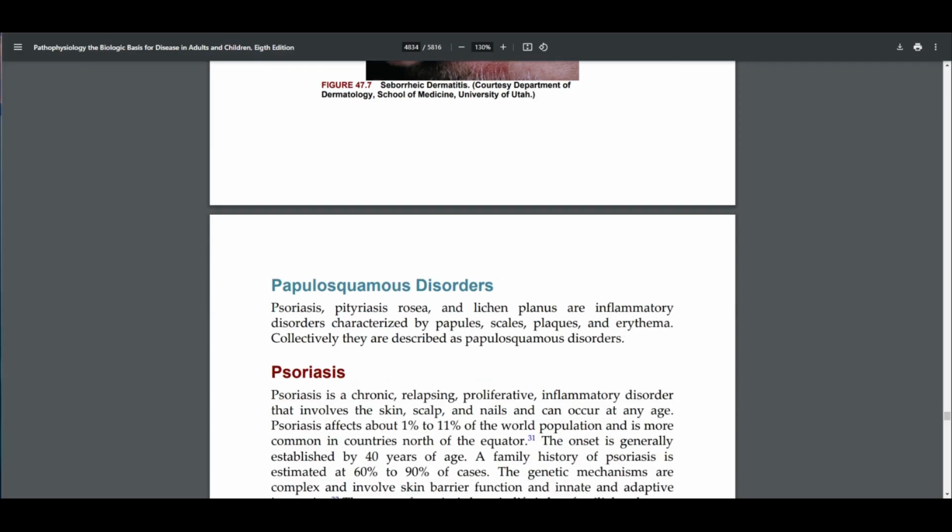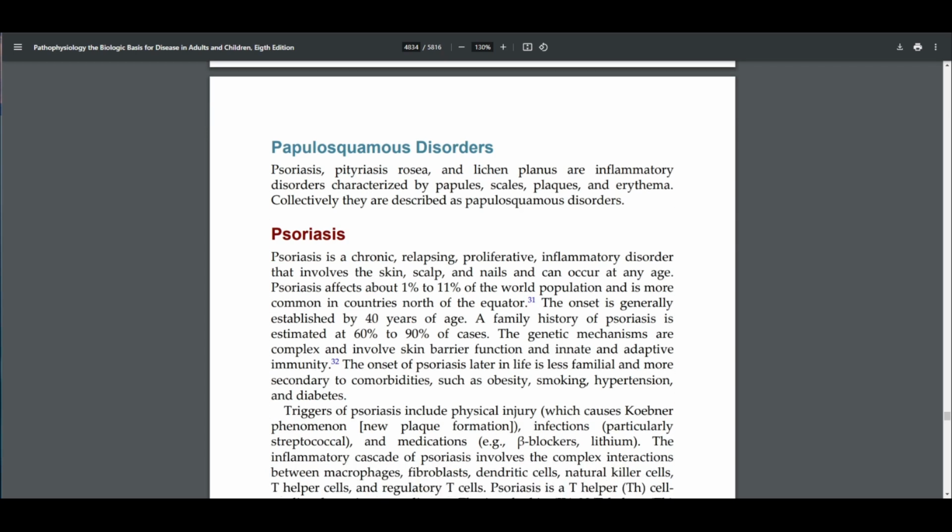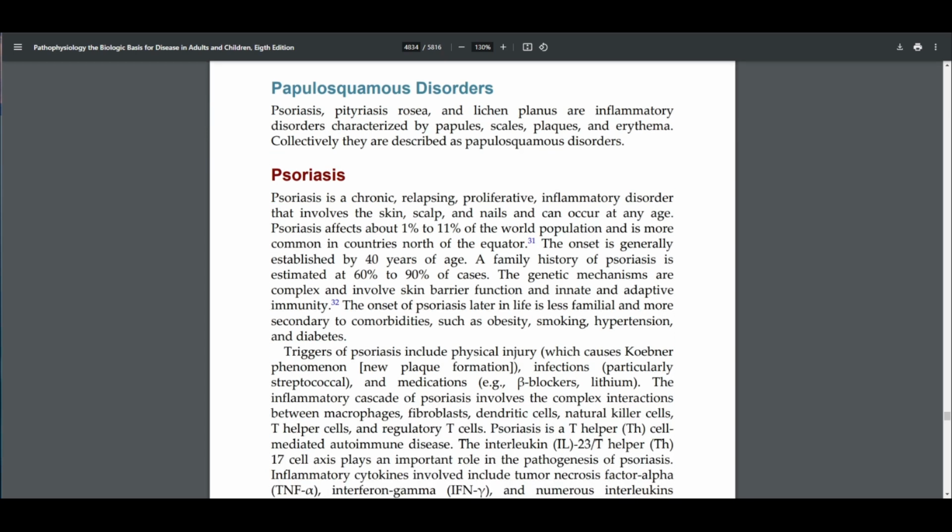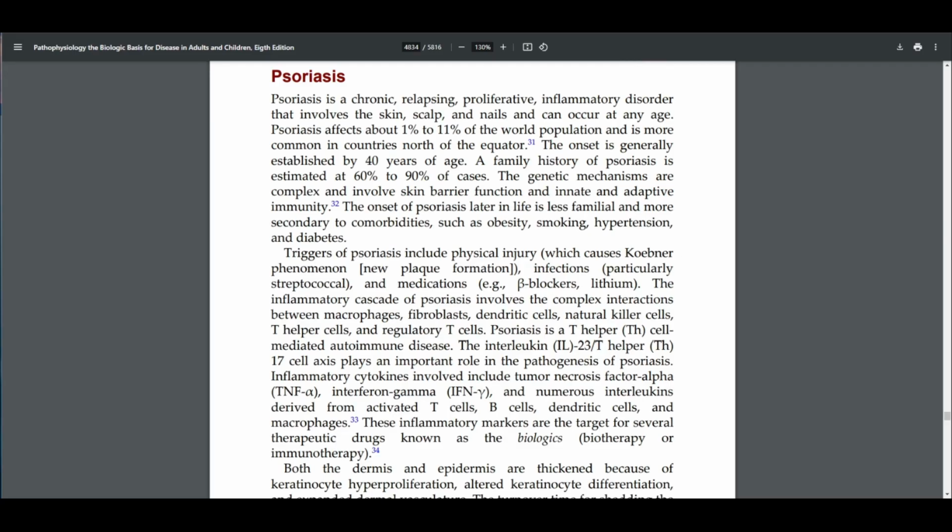Your papulosquamous disorders. That includes psoriasis, pityriasis rosea, and lichen planus, which are inflammatory disorders characterized by papules, scales, plaques, and erythema. Collectively, they're described as papulosquamous disorders. So, psoriasis.